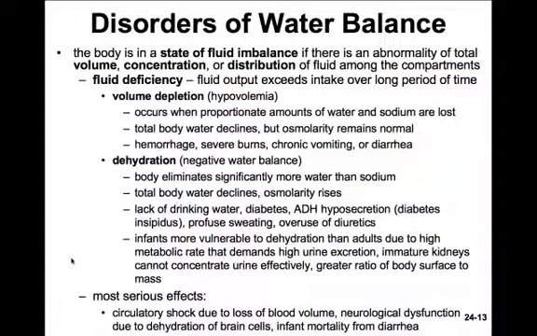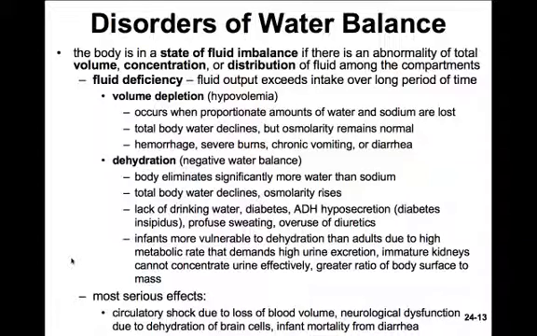Volume depletion is otherwise known as hypovolemia, and this occurs when we have a proportional amount of water and sodium that are lost, and it's lost equally from all compartments. This can happen because of hemorrhage, severe burns, chronic vomiting, or diarrhea. And it results in the total water volume is going to decline, but the osmolarity is remaining normal.